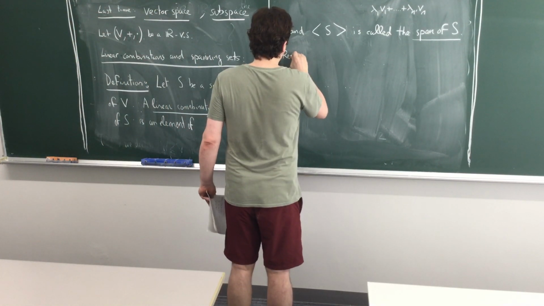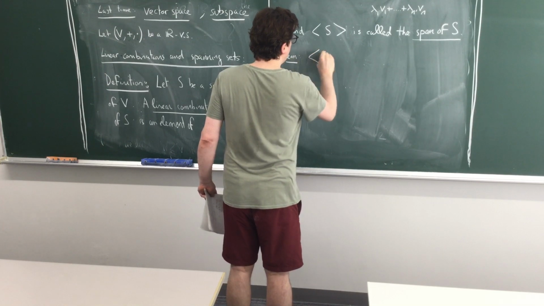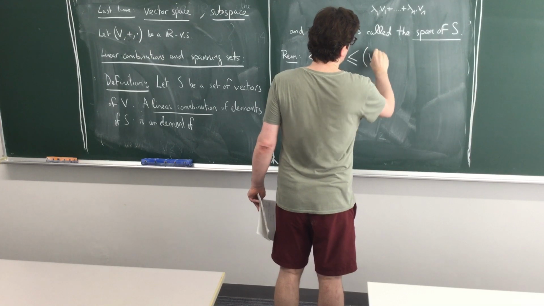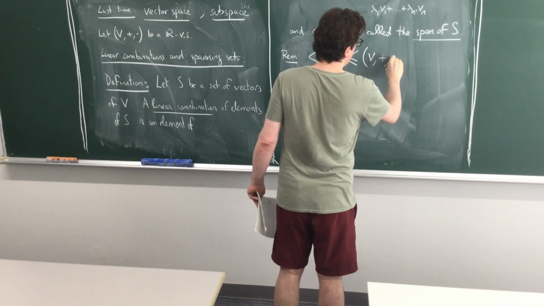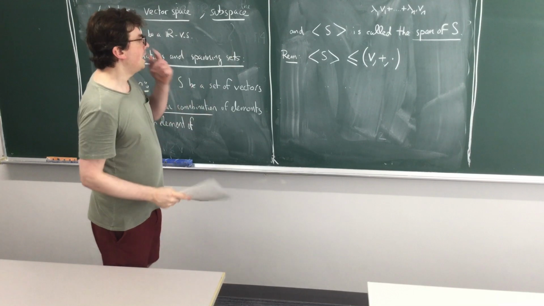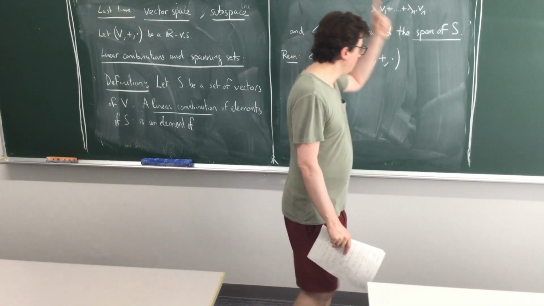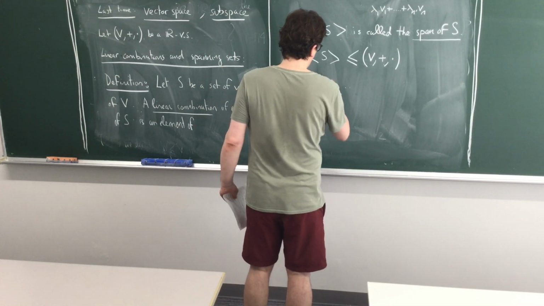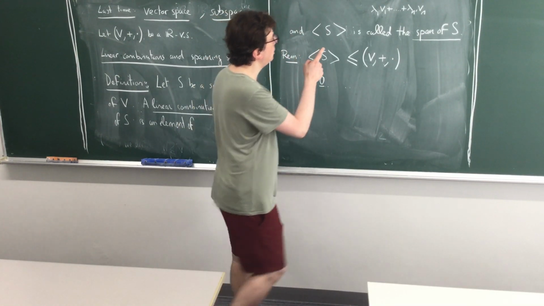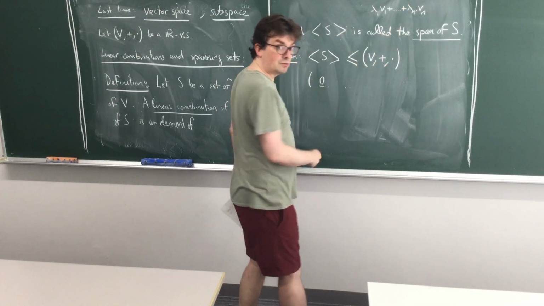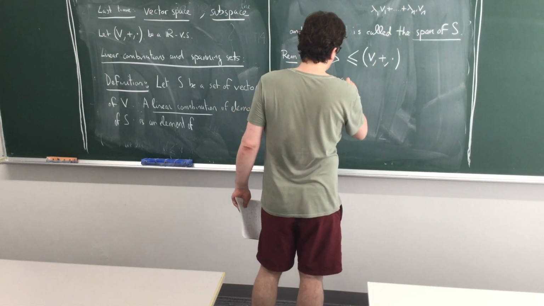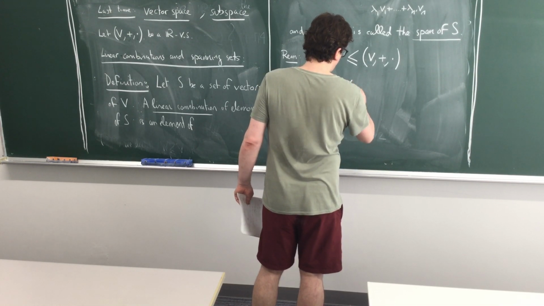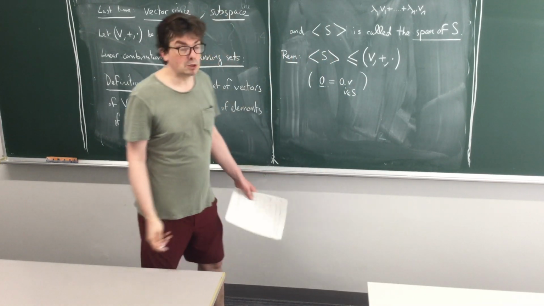The remark is that this is actually a subspace of V endowed with the plus and the multiplication. Why? Well, first of all, note that the 0 vector can be written in this form. Why? Well, I can write this as lambda 0 times any vector of S. So the 0 vector belongs to this.